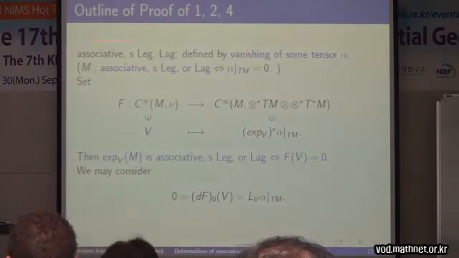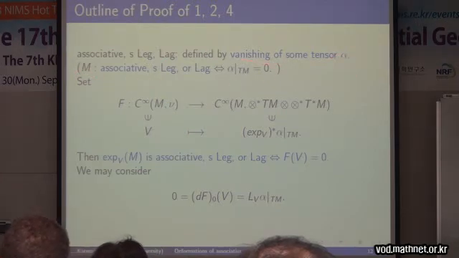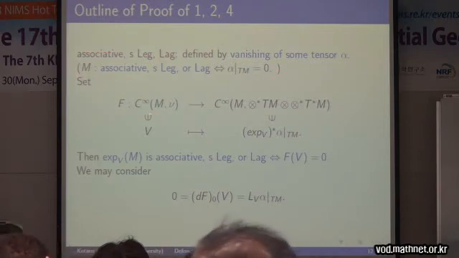To prove statements 1, 2 and 4, we assume this fact. Associative submanifolds, special Legendrian submanifolds and Lagrangian submanifolds are defined by the vanishing of some tensor α.